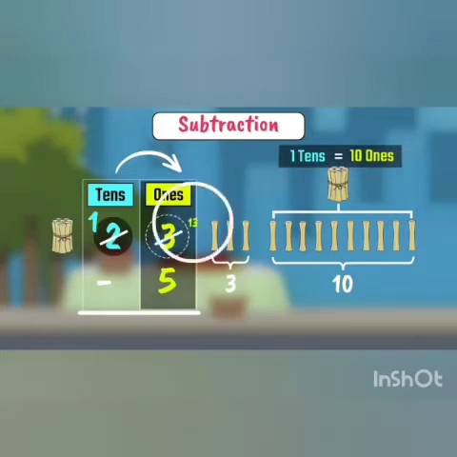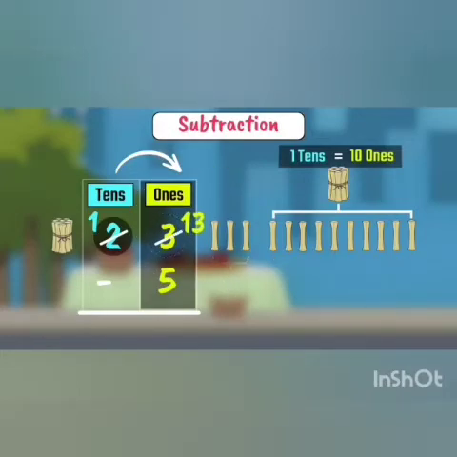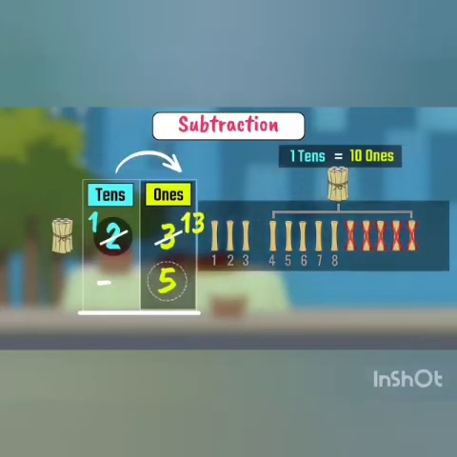So we will cross out 3 and write 13 in place of 3. Now we have to subtract 5 from 13. So how many ones are left now? 1, 2, 3, 4, 5, 6, 7 and 8. So after subtracting 5 from 13, we have only 8 ones left.